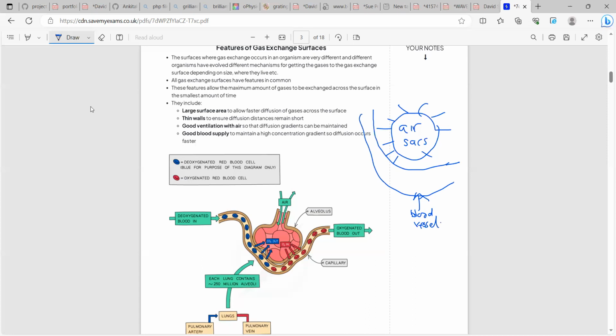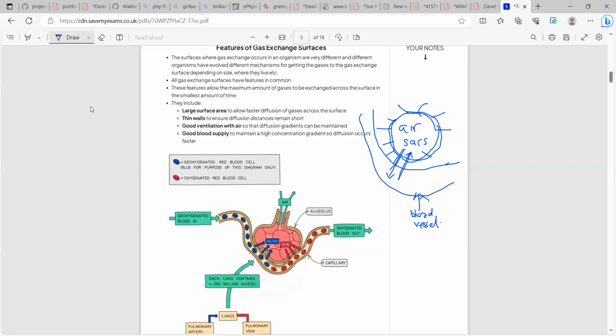Right. So the first thing that you're going to discover is that we have many air sacs so that we can have more gaseous exchange taking place. All right. And then the air sacs are very thin. Their outer layer is very thin so that we what? Gases can easily move into the bloodstream and out of the bloodstream, right?